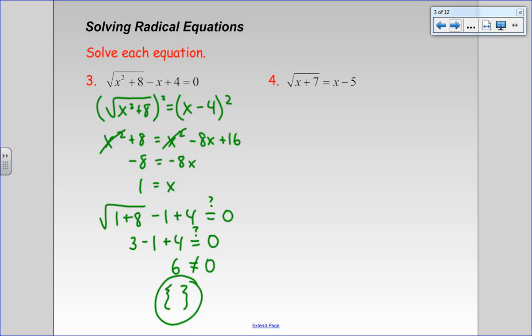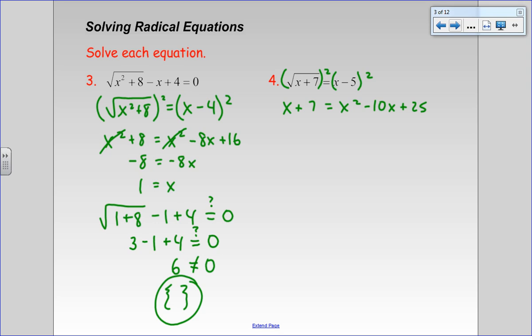Finally, problem 4, the square root of the quantity x plus 7 equals x minus 5. In this case, the radical term is already isolated, so we can move right to the principle of squaring. And again, being careful on the right-hand side to square that binomial correctly. Note that after squaring, we have obtained a quadratic equation.